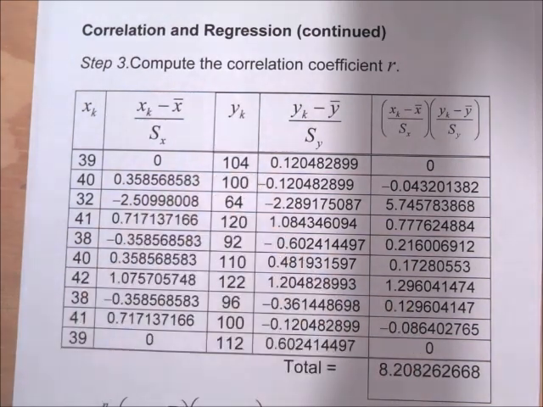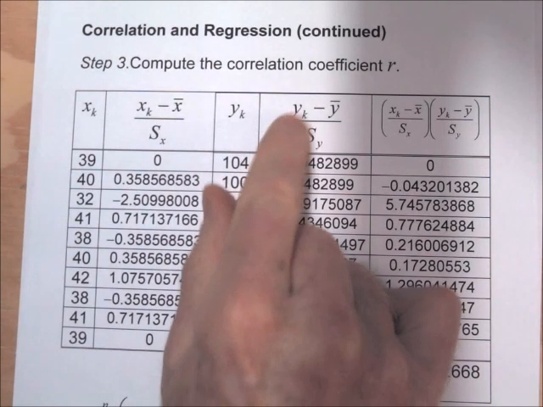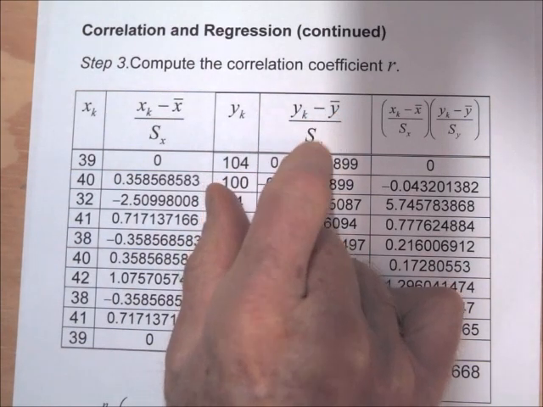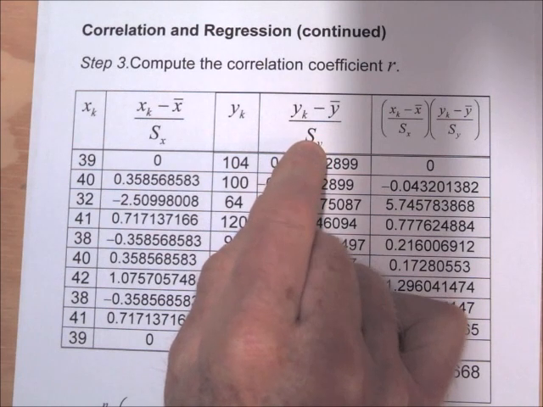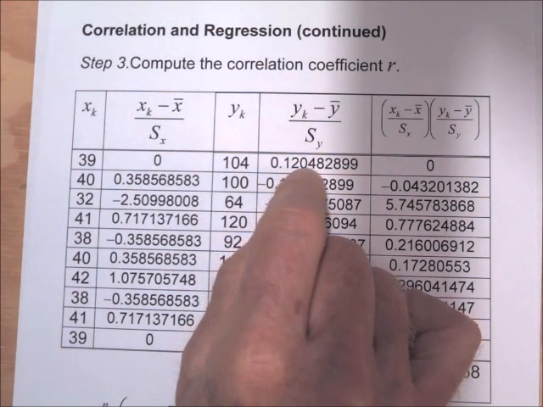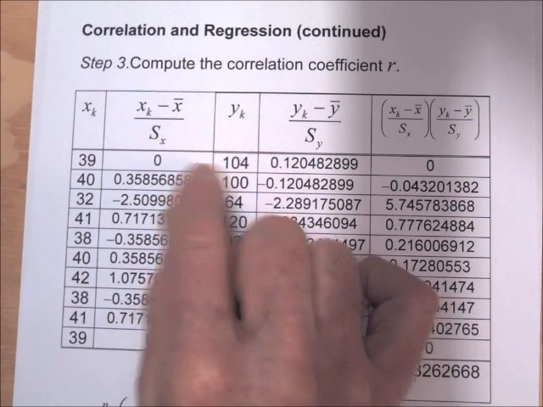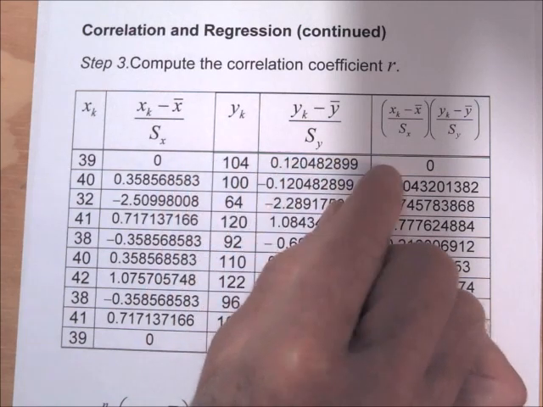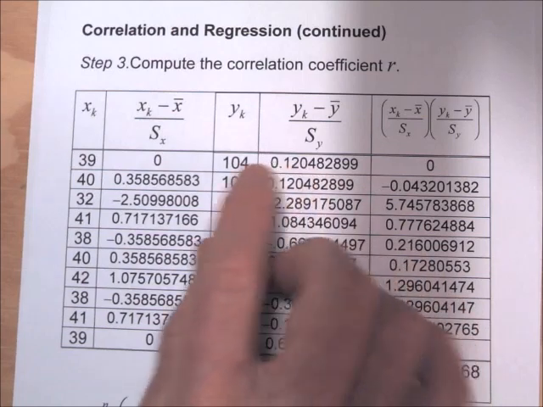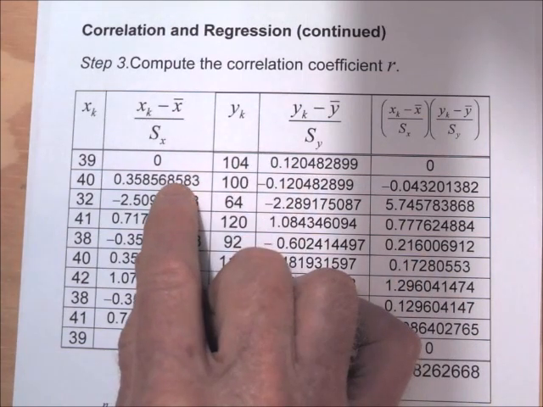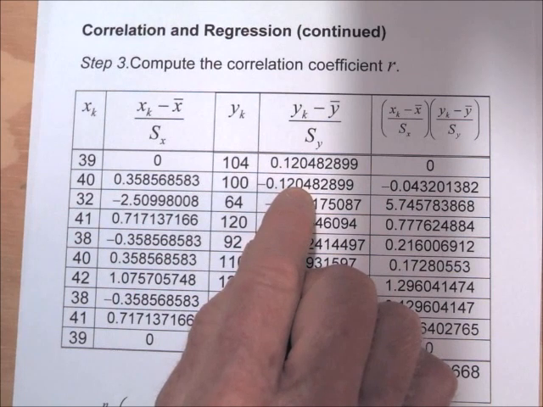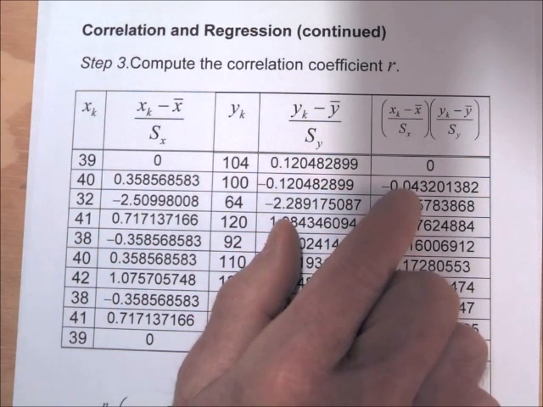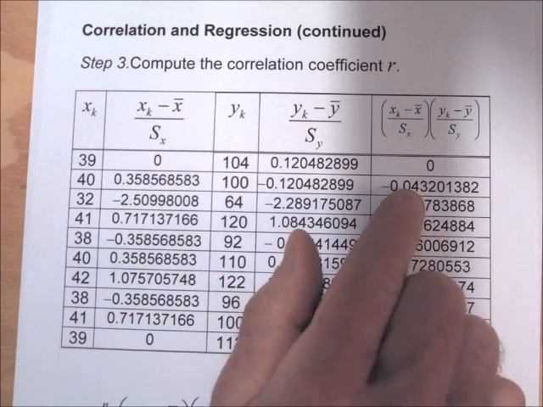For Quincy's birth weight z-score, Quincy's birth weight 104, minus the mean of 102, divided by the standard deviation, 16.599 something. That comes out to be 0.1204 something. Multiply those two z-scores together for Quincy, and that comes out to be 0. Do the same thing for Rochelle: Rochelle's gestation z-score times Rochelle's birth weight z-score, and you get a number here for the product.